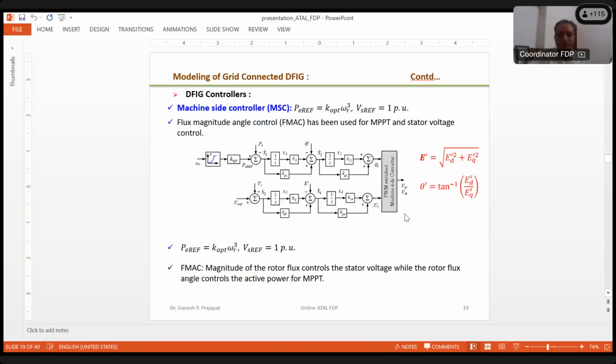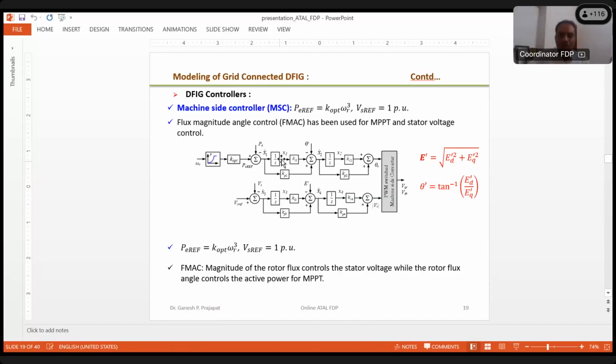Although DTC, direct torque control, and direct power control, DPC, are also there. But here the magnitude and angle of the rotor voltage can ultimately be converted through a PWM converter into VDR and VQR, that is the D and Q components of the rotor voltage. That has been obtained through 4 PI controllers.